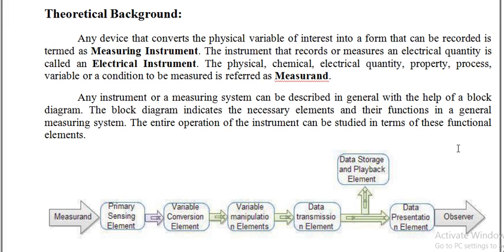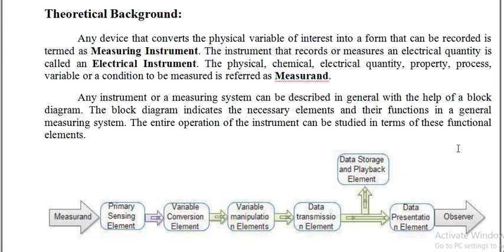And if the data forwarded from the variable conversion element is still not enough and its level is still low for further functioning, then the variable manipulation element will be the next stage.